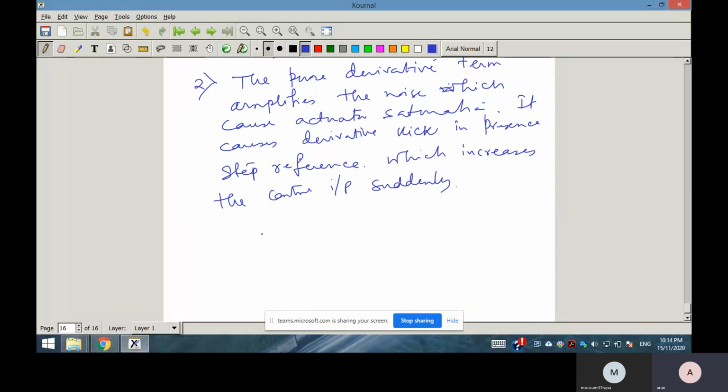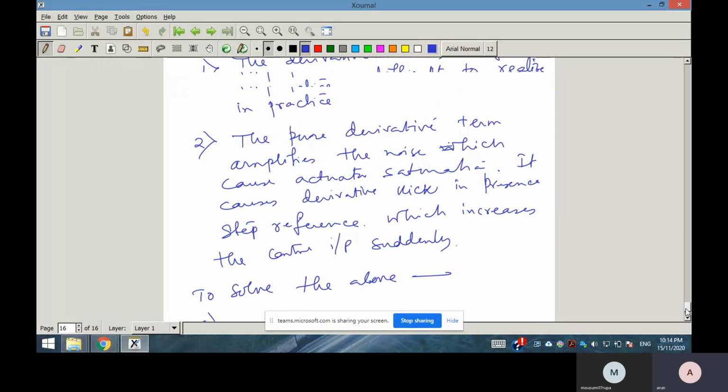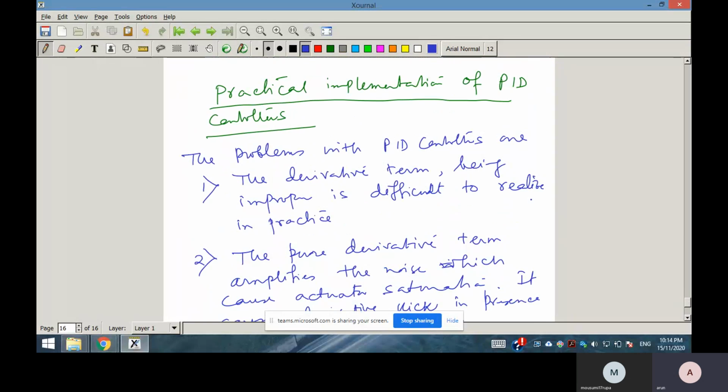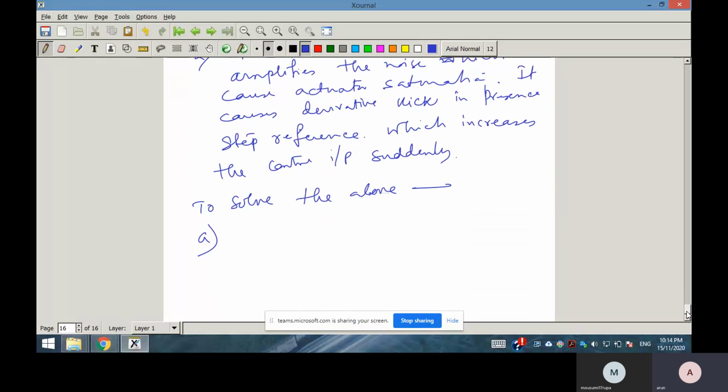So how do we solve the above? First, for the problem of implementing the derivative term, we approximate s by s over tau d s plus 1.